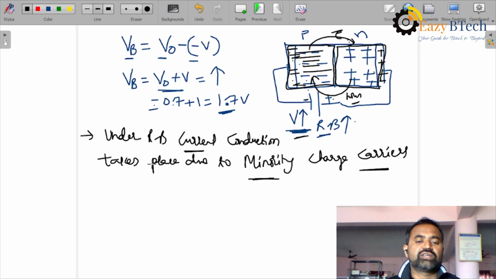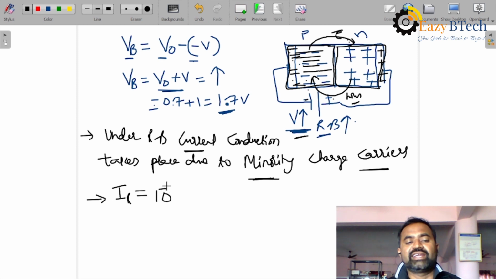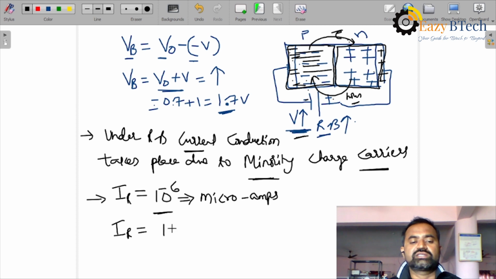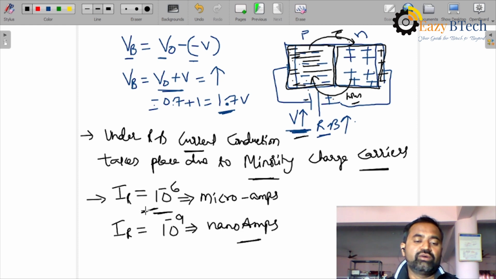The reverse current is in the order of 10 power minus 6 amperes, that is microamperes, for germanium. For silicon, the reverse current is very small, 10 power minus 9, that is nanoamperes. A very small amount of current is produced under reverse bias.